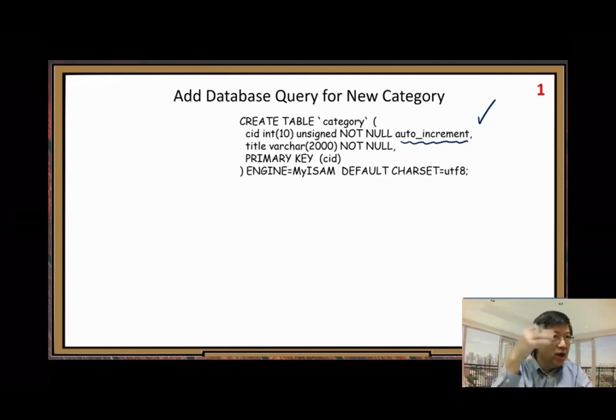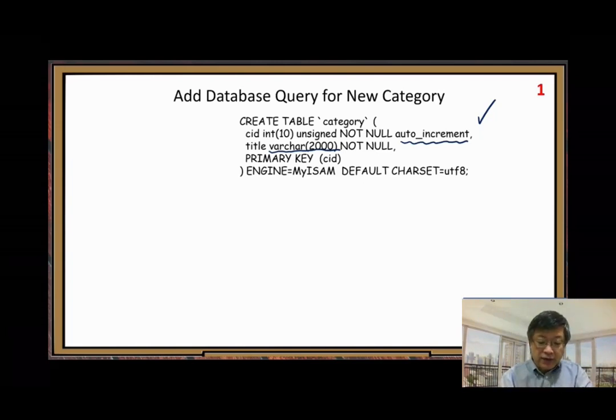We can use the auto increment number as the CID number. All right, for the other part, number of characters, maximum 2,000 characters. Here you can set some number that you feel is big enough, up to this many characters.